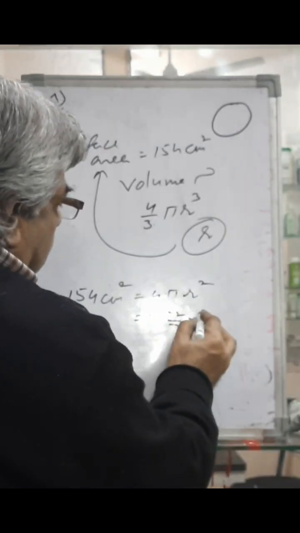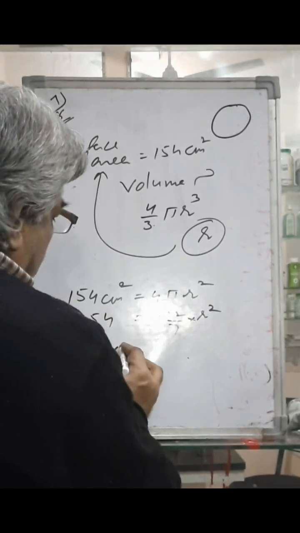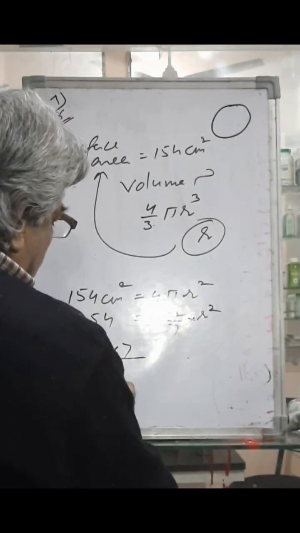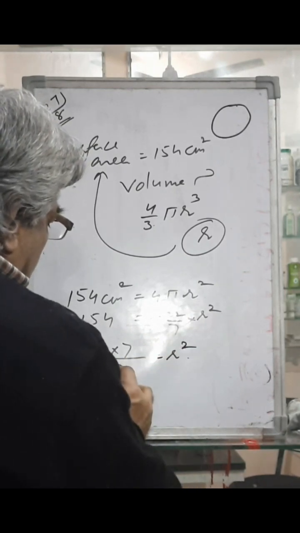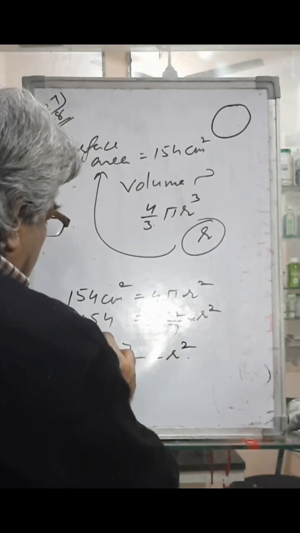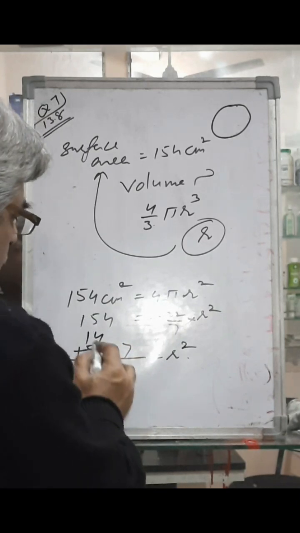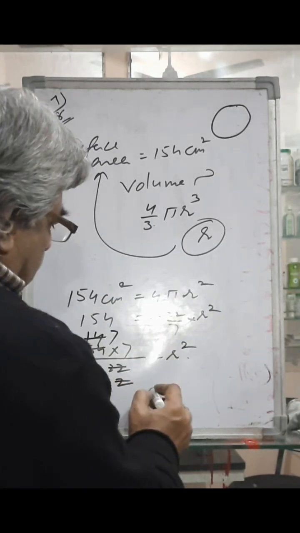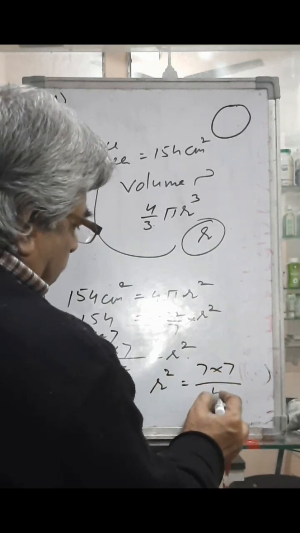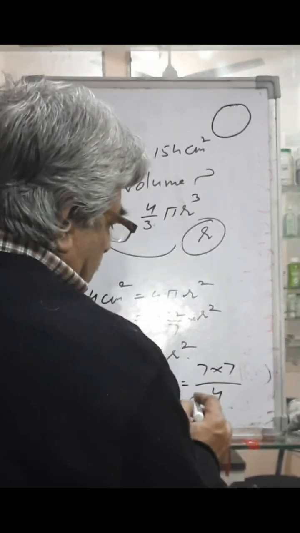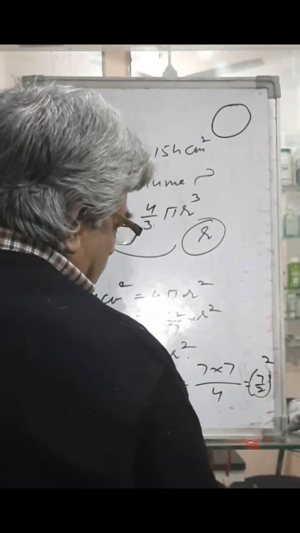4 into 22 by 7 r square. 154 into 7, 4 into 22 equal to r square. 11 twos are 22, 2 sevens are 14. So r square is equal to 7 into 7 by 4, or we can write 7 by 2 whole square.